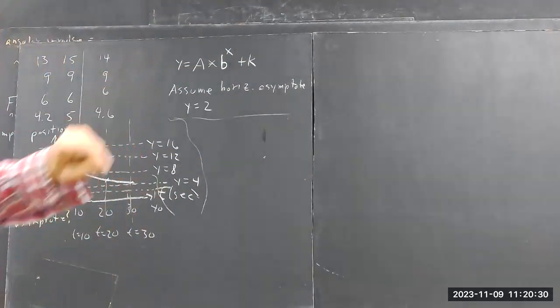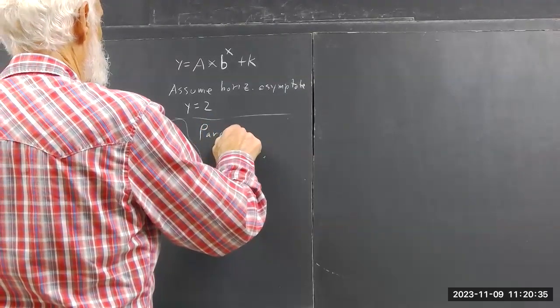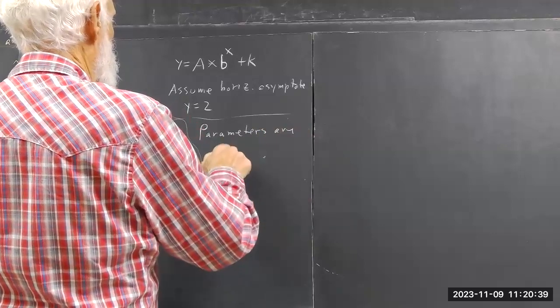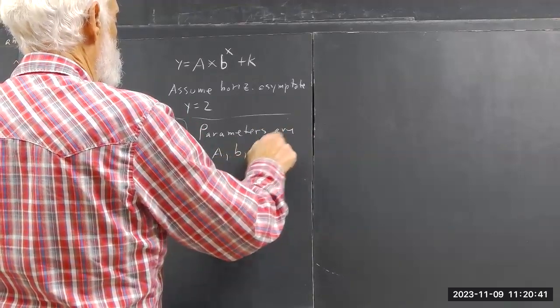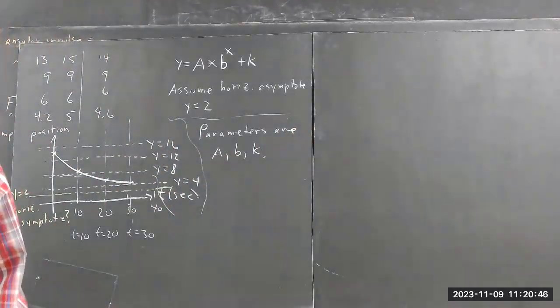The parameters are a, b, and k. Now, my question is, from the information we've got there and the assumptions we've made, do we have a good idea of what some of those parameters might be?